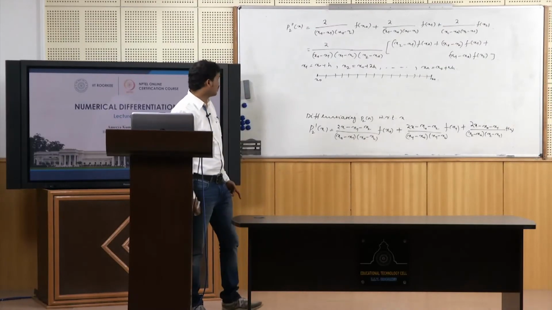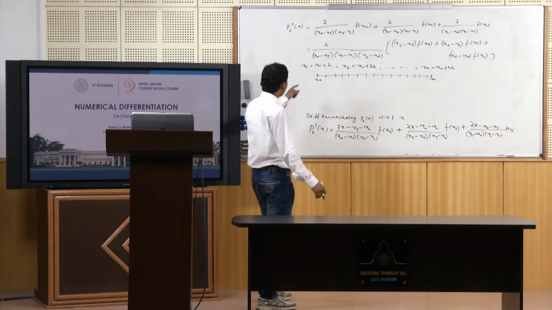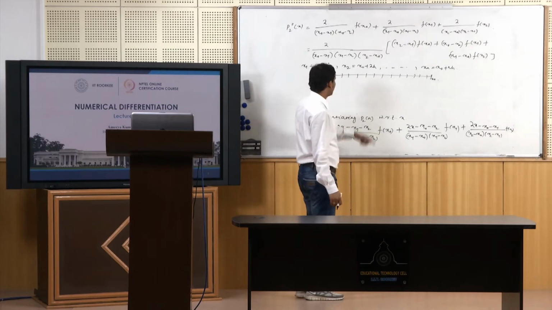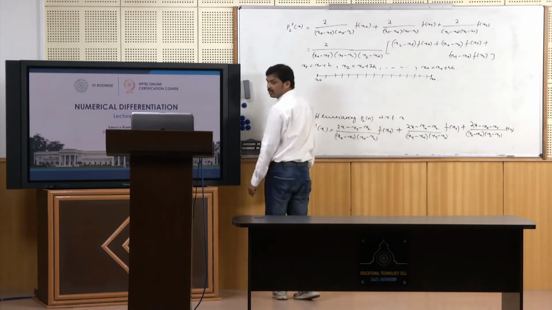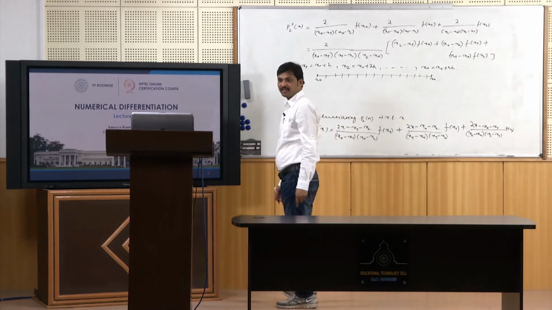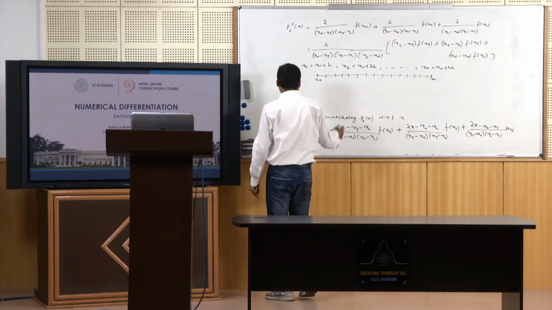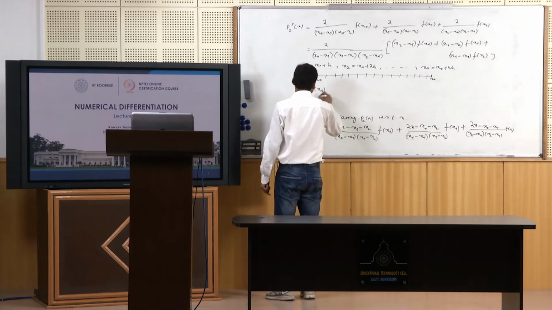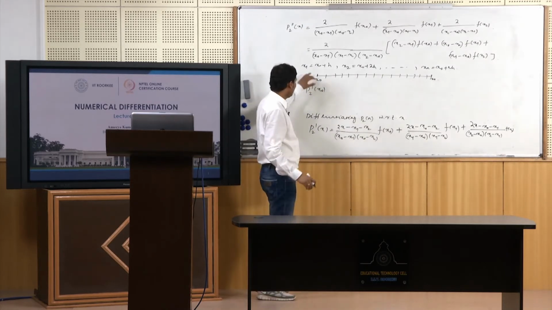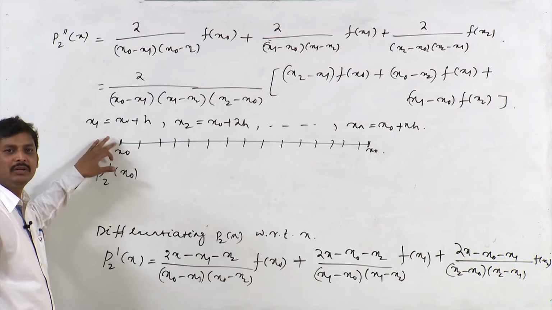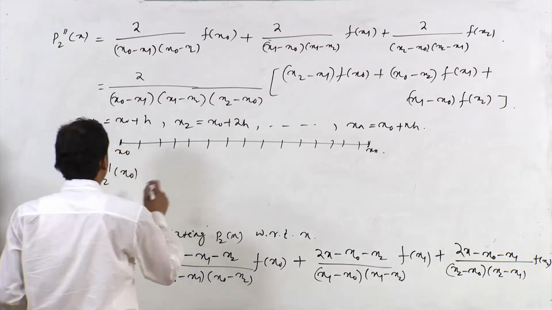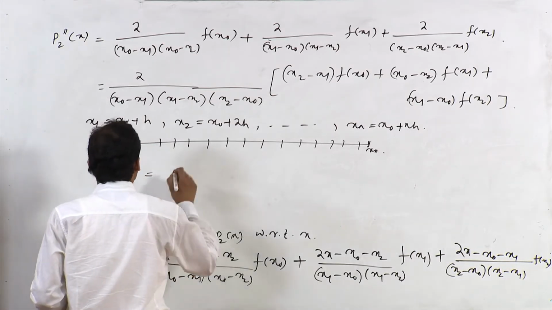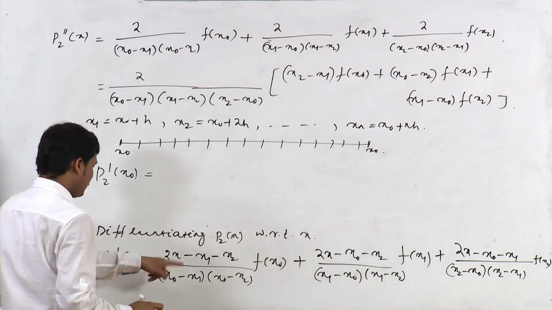So, if we replace all of these points by this transformation, then we can obtain the first order differentiation p2'(x0). This means that we are considering this differentiation at the point x0.